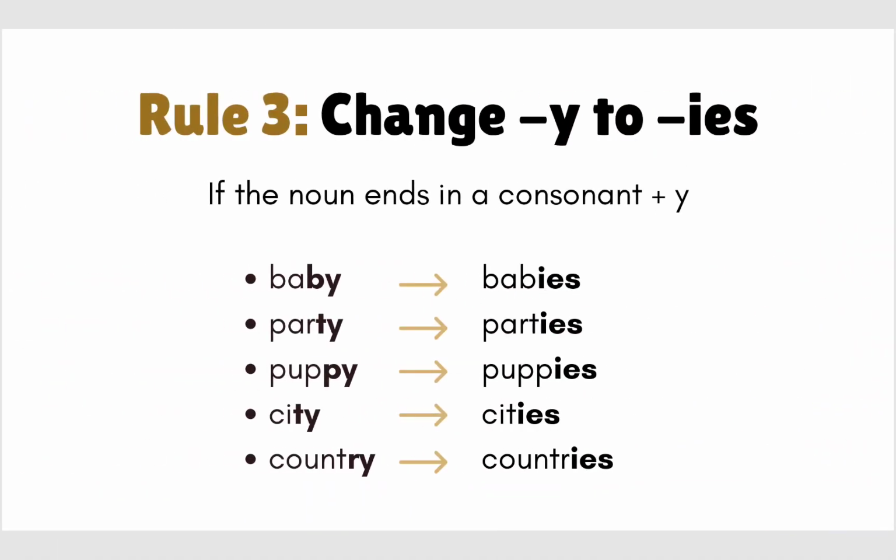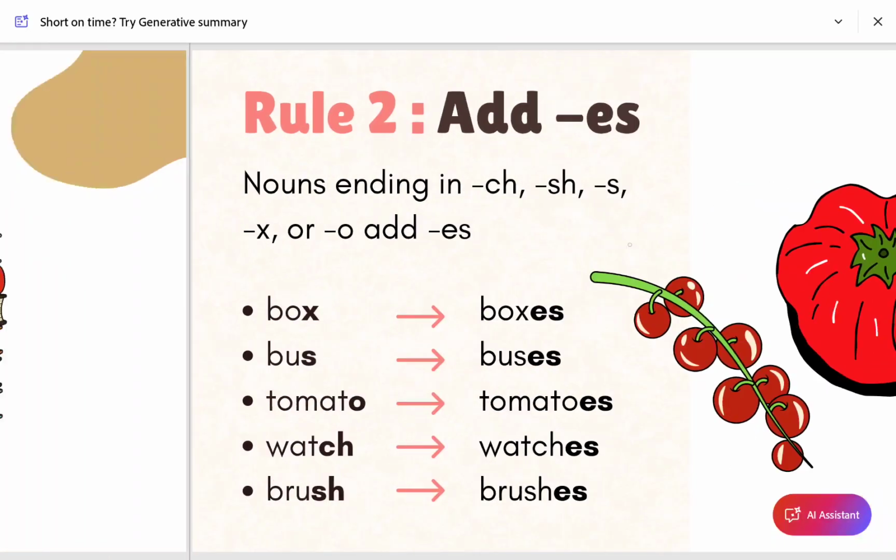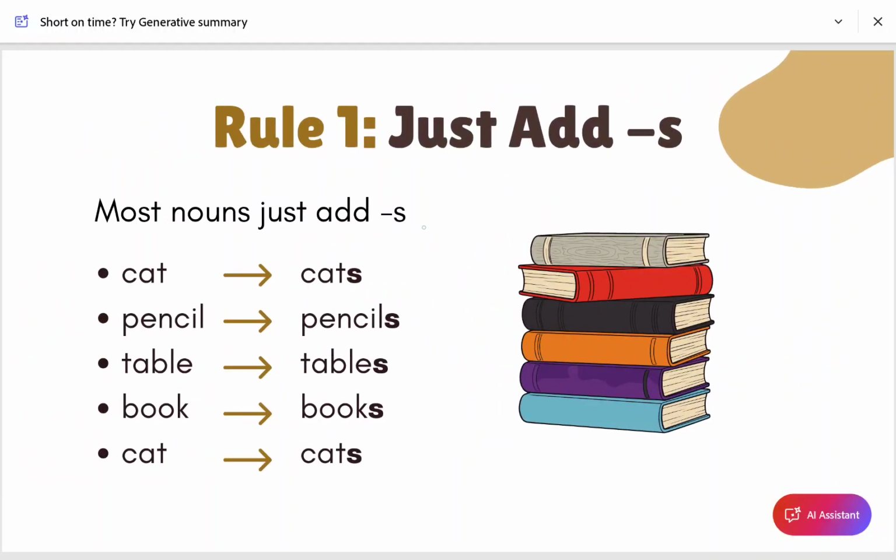If the noun ends with y, we add ies. If it ends with ch, sh, s, x, we add es. And for normal nouns we add just s.